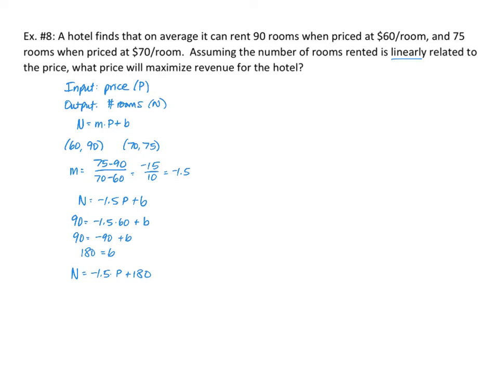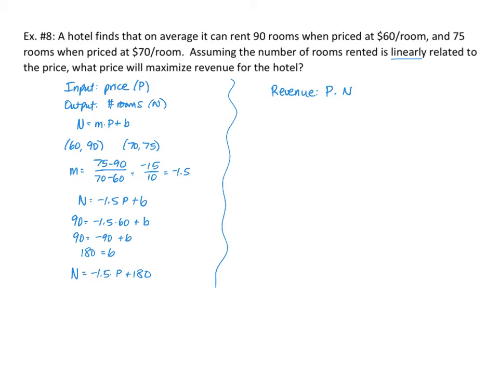So now kind of save that thought. Now let's come and think about revenue. So the way that a hotel makes revenue is taking P, the price per room, times N, the number of rooms that are filled. So if you have 50 rooms and you sell them each at $100 a piece, this would tell us a revenue, the amount of money that is coming in.